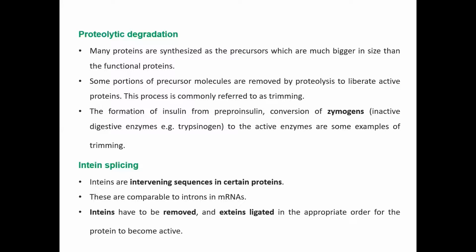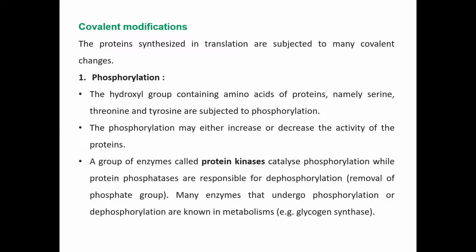Next modification is covalent modification. Here there could be addition or removal of certain groups. Mostly it is the formation of a covalent linkage by adding certain groups. The first one is phosphorylation.